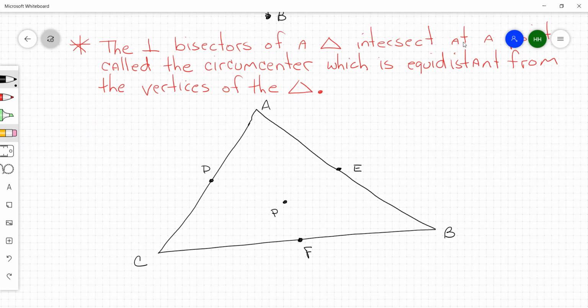Now, if side AC has a perpendicular bisector, it would look like this, wouldn't it? It would intersect this side at 90, and it would split it in half.